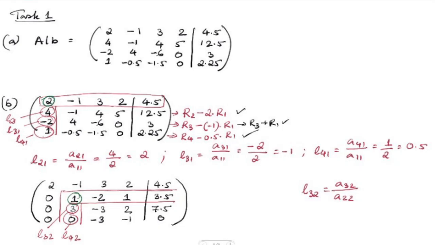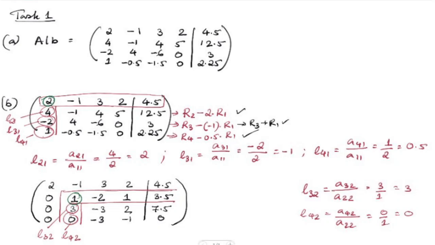So we have here A3,2 is 3 divided by 1, which is equal to 3, and then L4,2 is equal to A4,2 divided by A2,2, which is 0 divided by 1, which is equal to 0.